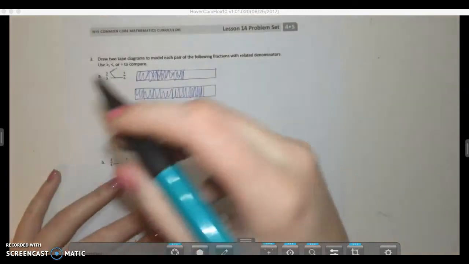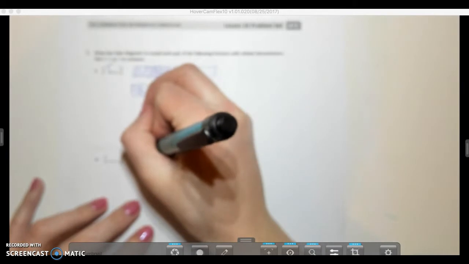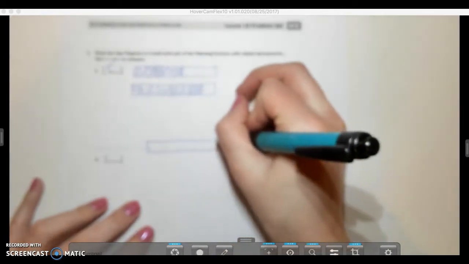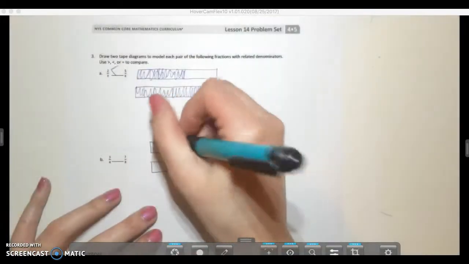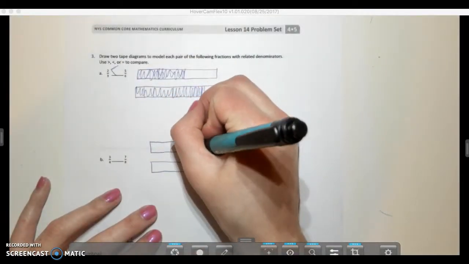Alright, we can move on to our next one. We have 3/4 and 7/8. Okay, we'll draw our 2 tape diagrams. We will split this one into 4ths.